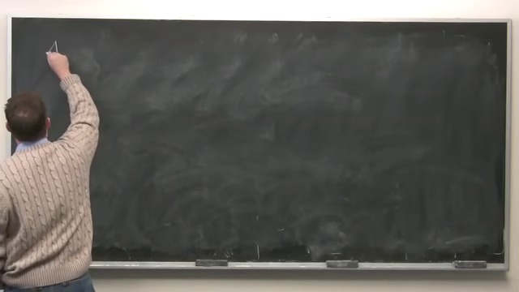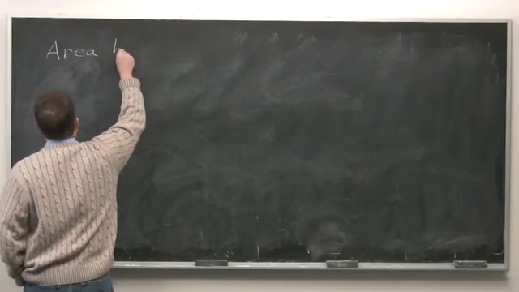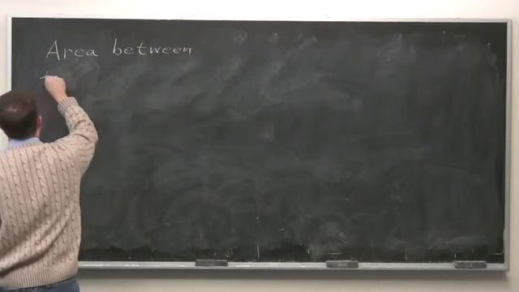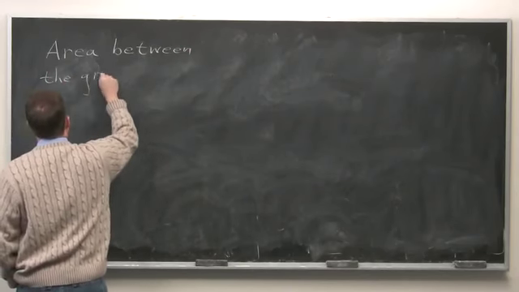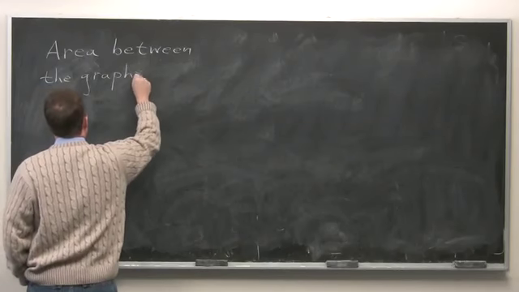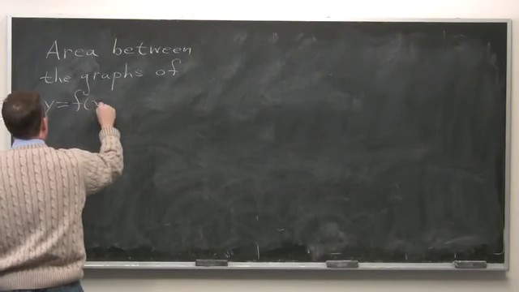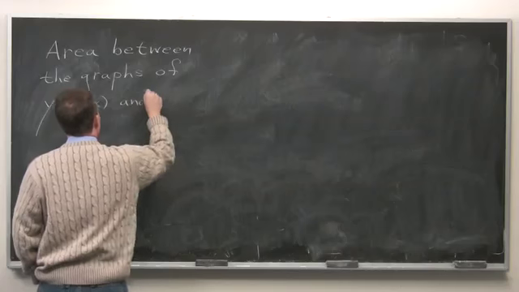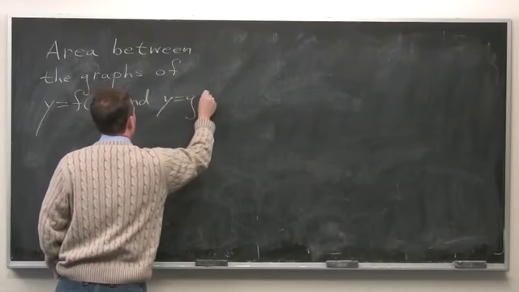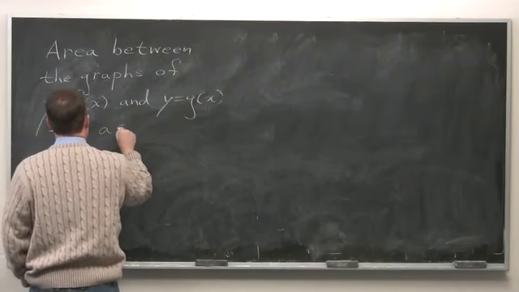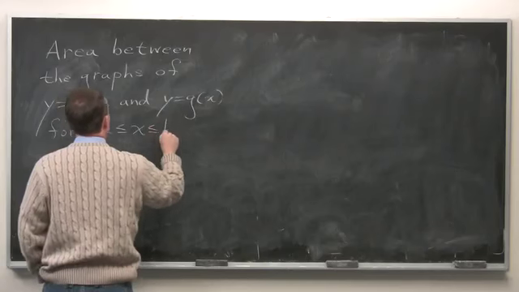So what's the area between the graphs of y equals f of x and y equals g of x for x in some interval?